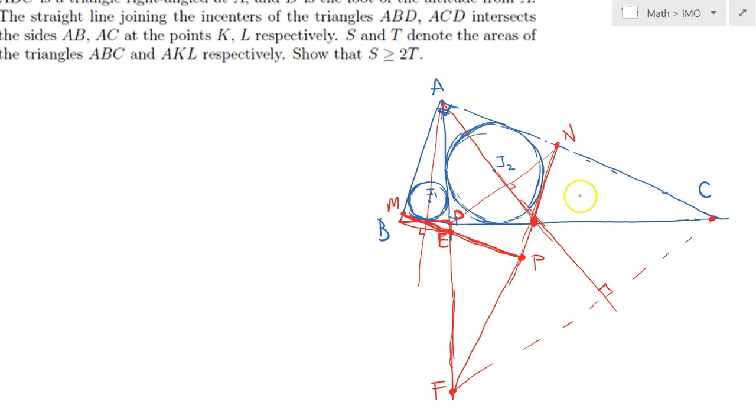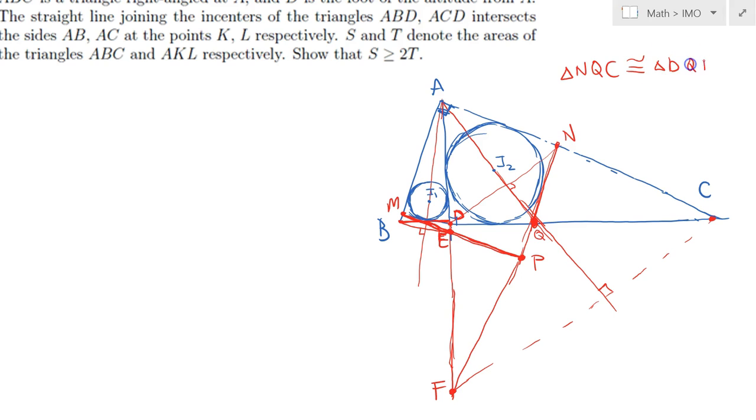So it's kind of getting confusing, so let me write down all these congruences here. So triangle N, so this point here, which I didn't bother calling anything, but let's call it Q, I guess. So triangle NQC is congruent to triangle DQF.